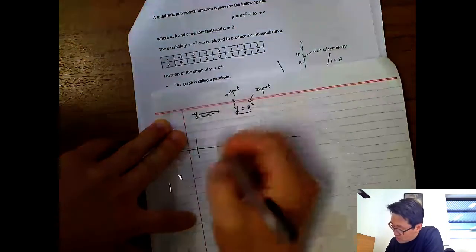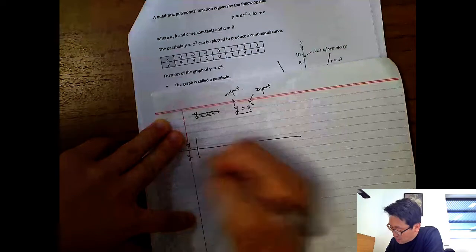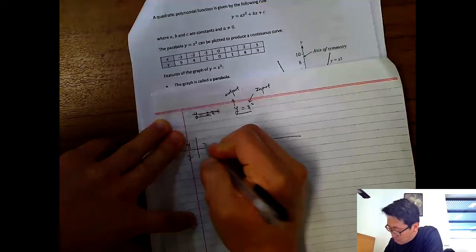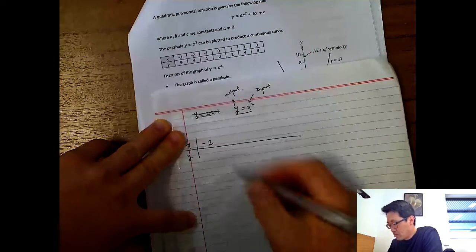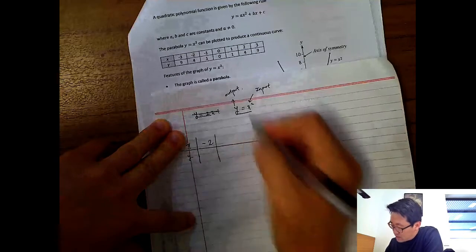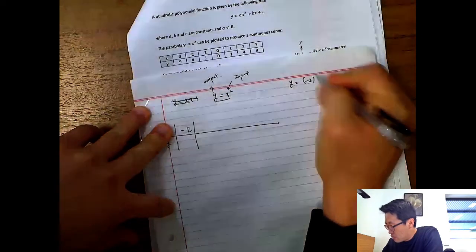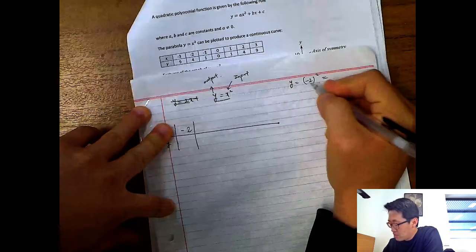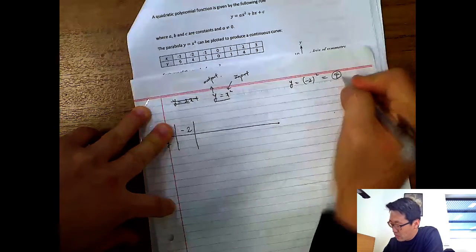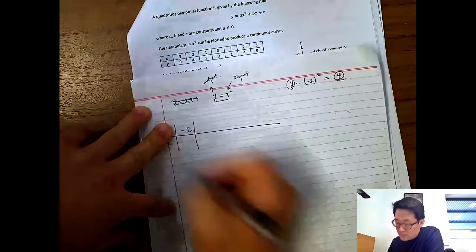I'll put x and y, and start with minus 2. When x is minus 2, what do we get? y equals minus 2 squared, therefore minus 2 times minus 2 is 4. We get y equals 4.